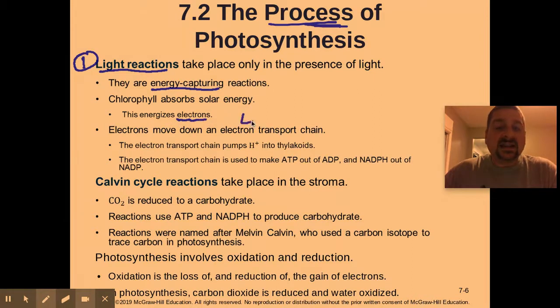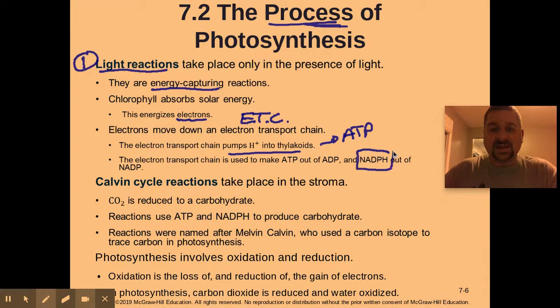There is an ETS or ETC, electron transport chain, that is going to move these electrons down. And we'll talk about chemiosmotic phosphorylation. So it will make some ATP. The electrons can be re-energized eventually and be picked up by NADP plus to make NADPH.